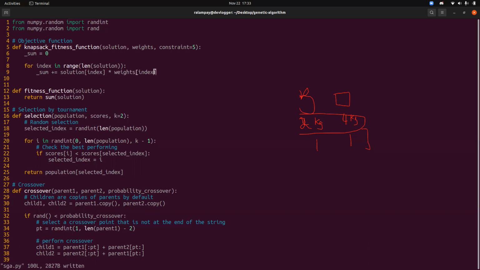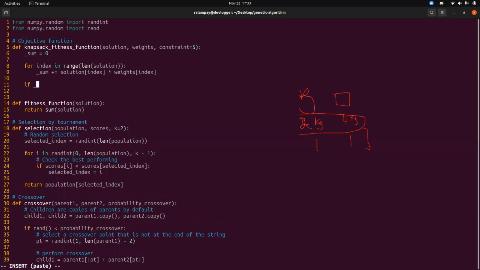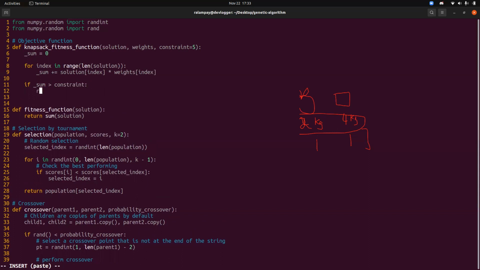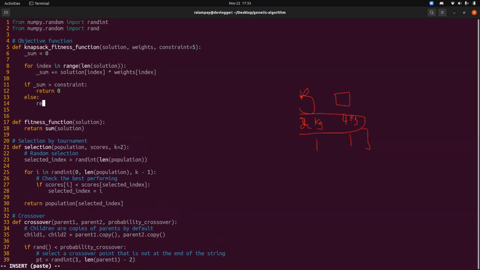Now, what can we do with it? If the sum is greater than the constraint, ayaw natin yun. So the fitness function of that solution will be 0. Else, we can return the sum of the solution, because we want to maximize what is the best solution that will give us the most objects inside that particular bag.